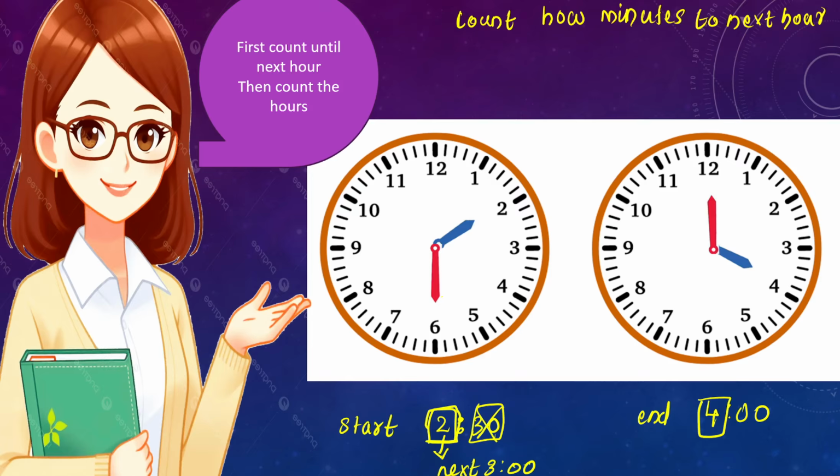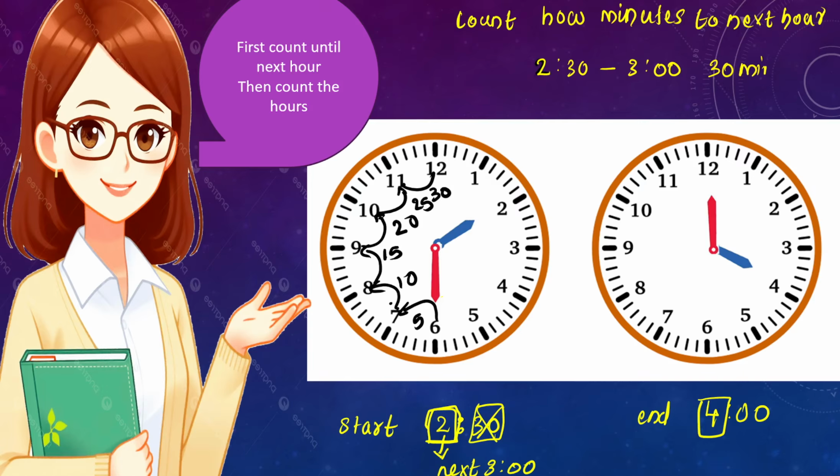So from 2:30 to 3 o'clock, how many minutes are there? This is 5 minutes, this is 10 minutes, this is 15 minutes, 20 minutes, 25 minutes, 30 minutes. So 2:30 to 3 o'clock is 30 minutes.